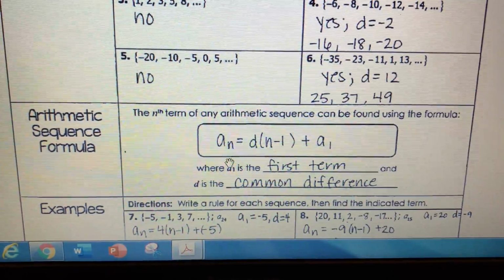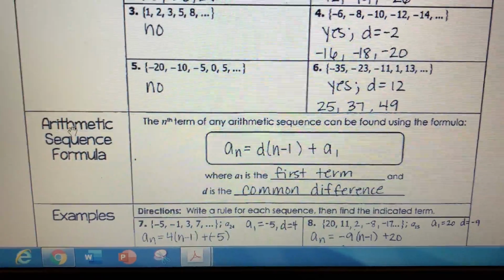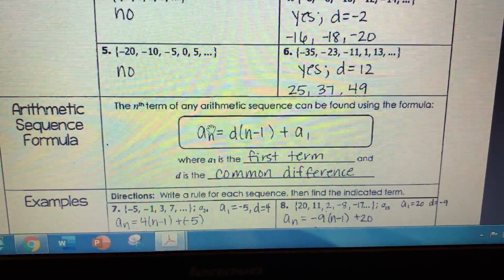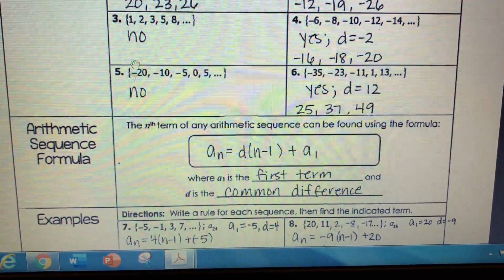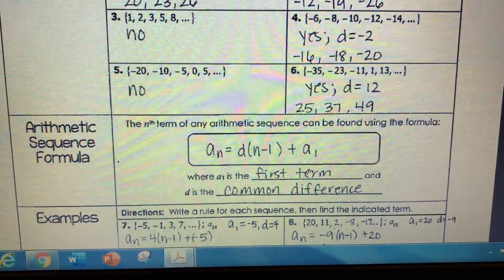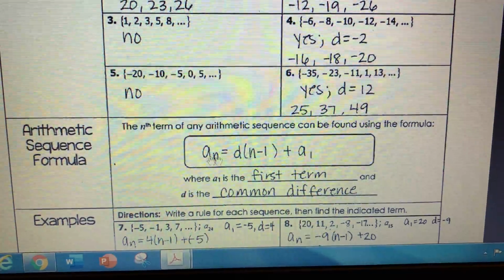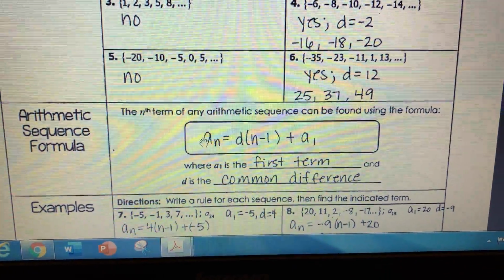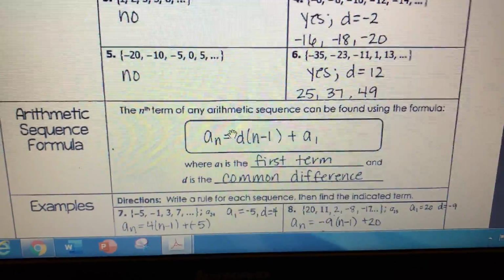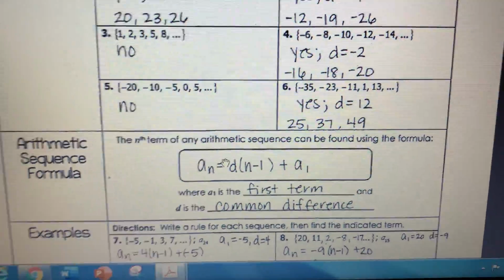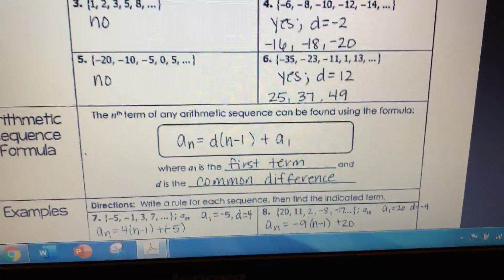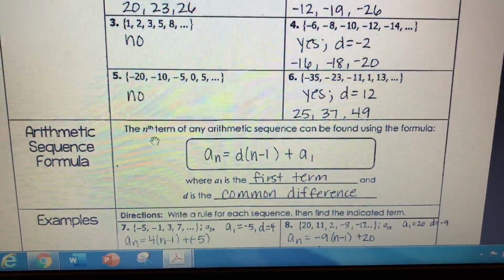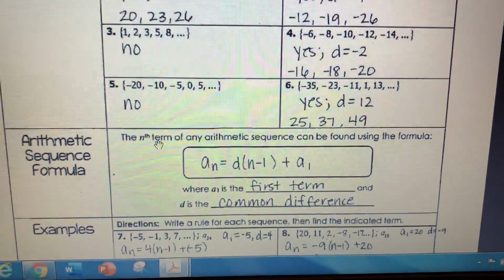And so you can have this general formula for an arithmetic sequence. This is all available on Schoology, like all these formulas and stuff. It's available on the student solutions in that Unit 10 folder. So if you want to find the nth term, meaning maybe there's an infinite amount of terms in this sequence.